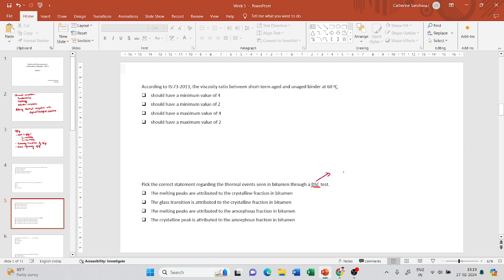So, DSC is the abbreviation of differential scanning calorimetry.